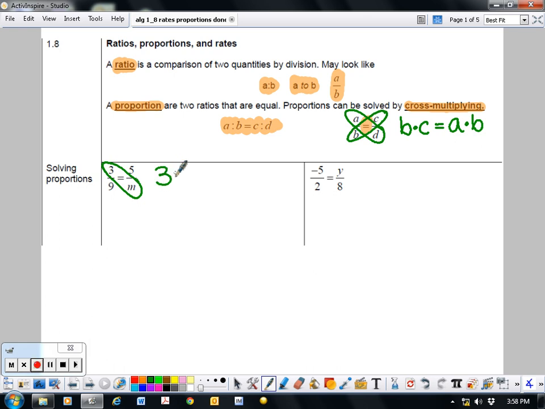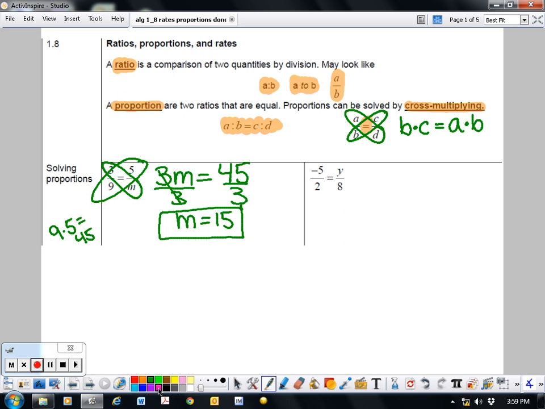So 3 times m should be equal to, multiplying across the other direction, 9 times 5. 9 times 5 gives me 45, and that's the number that goes right here. And now I'm just solving an equation. If the 3 is right next to the m, it's multiplication. To undo multiplication, I divide. So m is equal to 15.